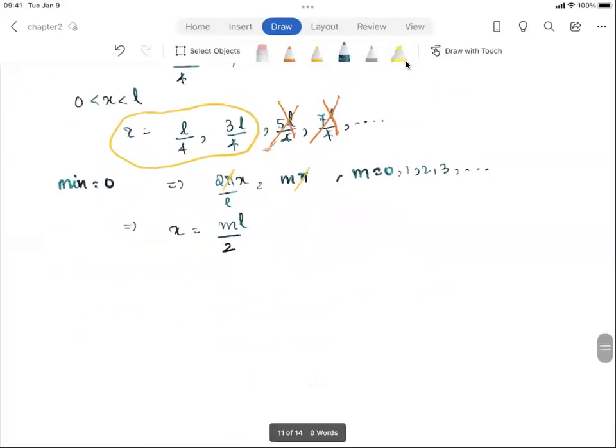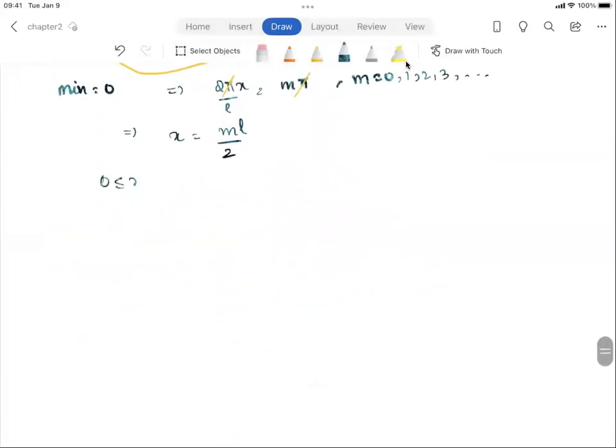And we again have the constraint that x has to be within these limits. So x can be, when n is 0, it's going to be 0. With 1, it's going to be L by 2. With 2, it's going to be 2L by 2, which is nothing but just L. So I'm going to remove that. And then we're going to have 3L over 2, 2L, and so on.